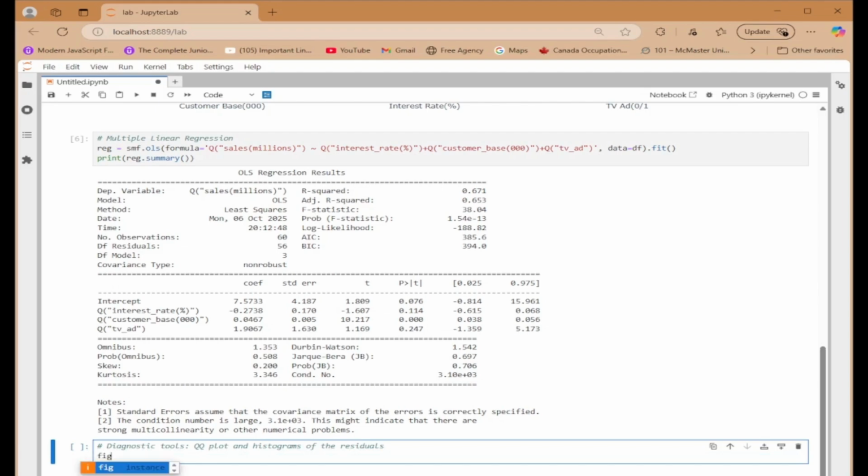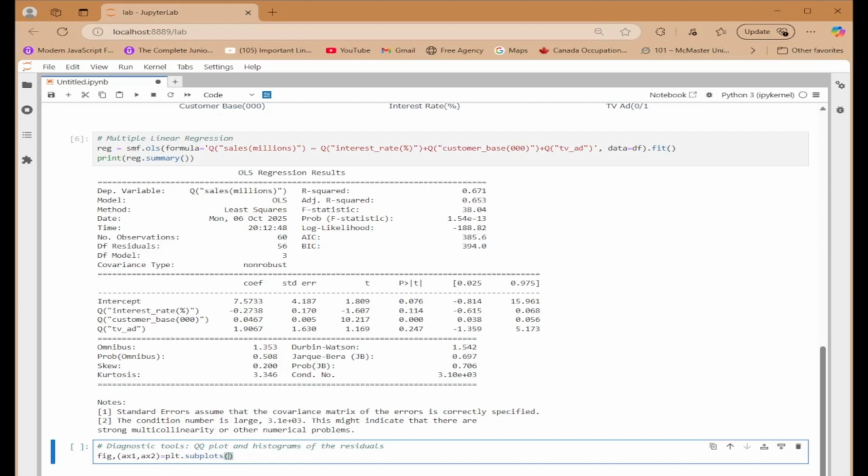Fig, I want to run a side by side histogram as well as QQ plot. Okay, that's why I'm creating ax1, ax2, two plots side by side, equals plt.subplots.